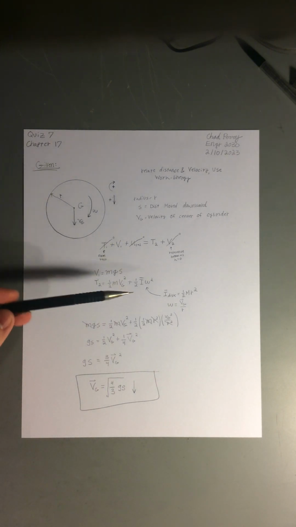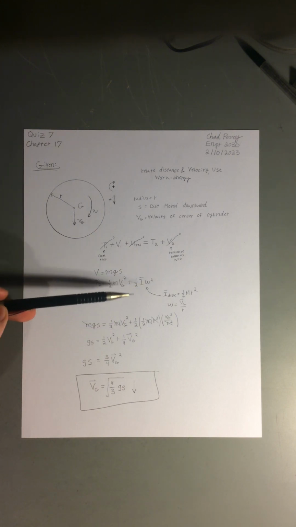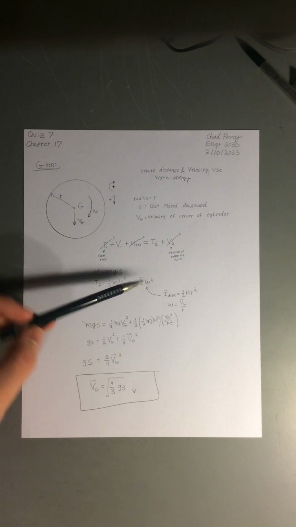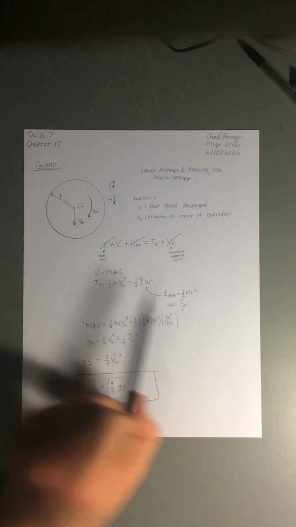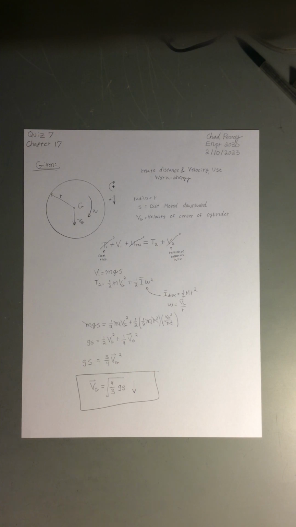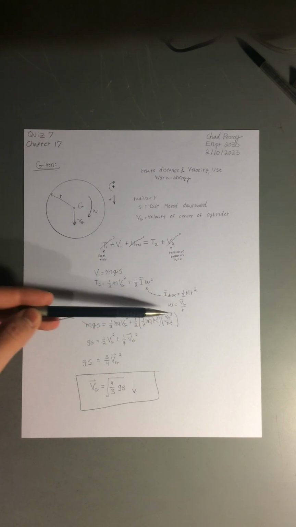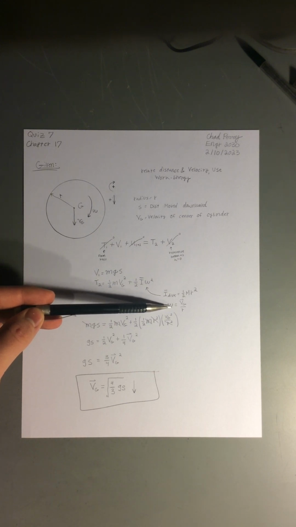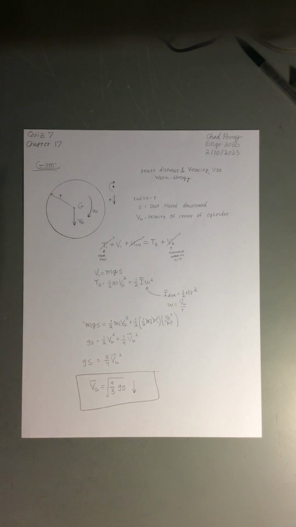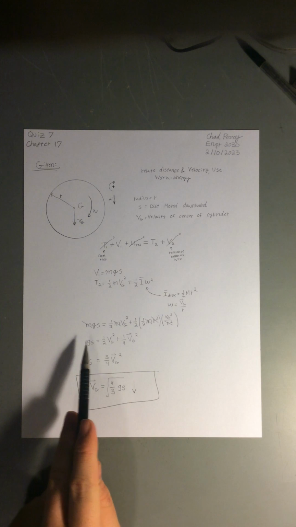We can plug in some of our known equations, because we know the I value for a disk is 1/2 mr squared, and we know omega from our kinematics has to equal velocity over our radius. We can plug both of those terms in and then plug them into our work energy relationship here. And that's what I've done here.